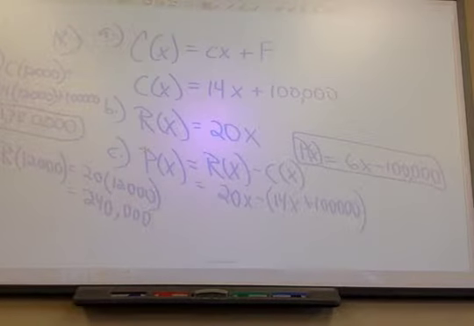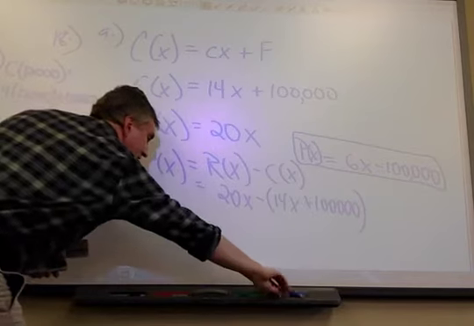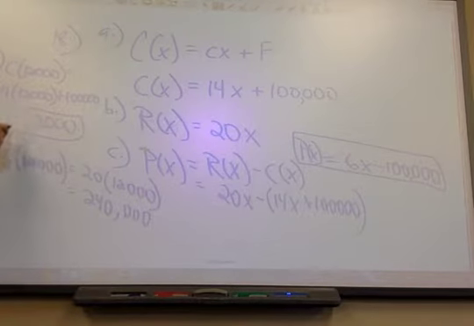Let me check my calculator. I got 268,000 for the cost. If we do 168 plus 100, that's 268. Good. I thought those were a little far off from each other.